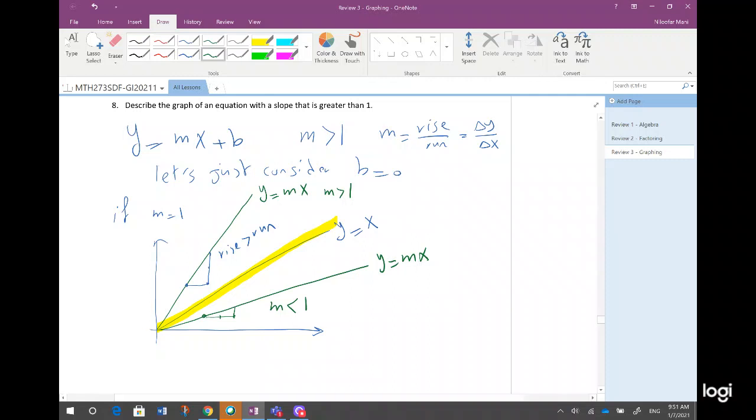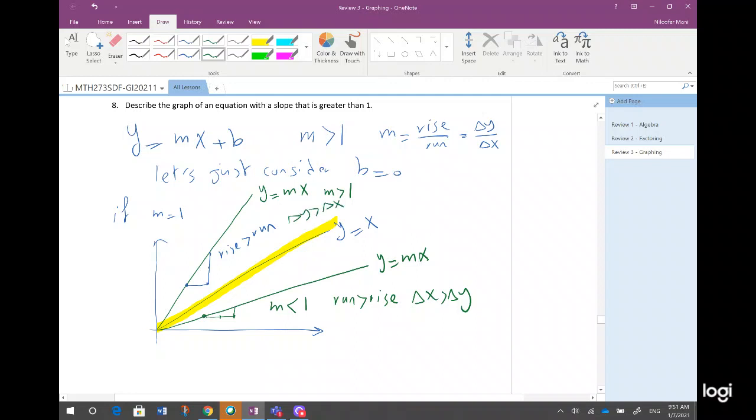Here I can say run is more than rise, or I can say delta x is more than delta y. Change in x is more than change in y, but there delta y is more than delta x.